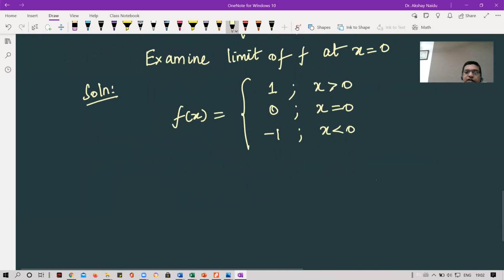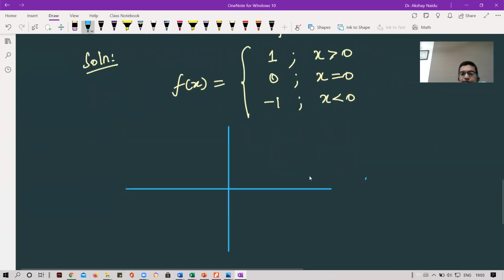Now look at the graph. X and y. So here is 0, origin, here this is 1, this is minus 1 on the y-axis.